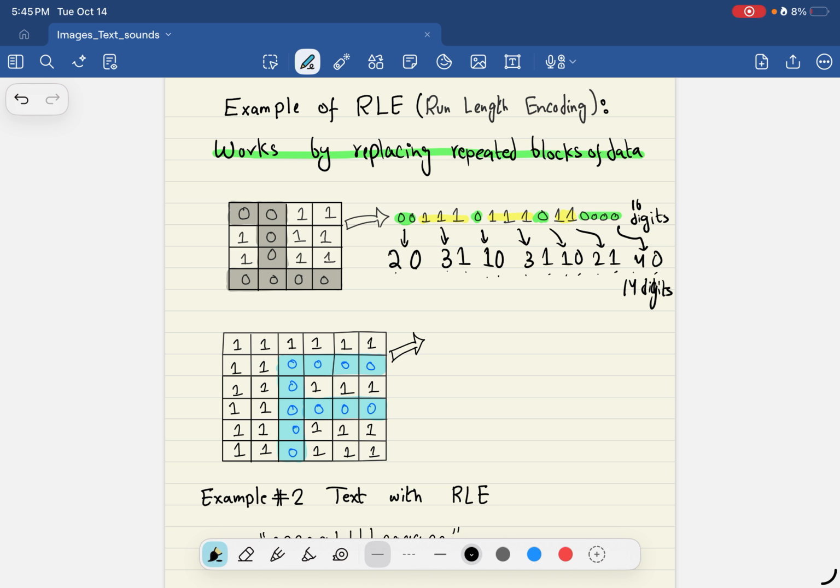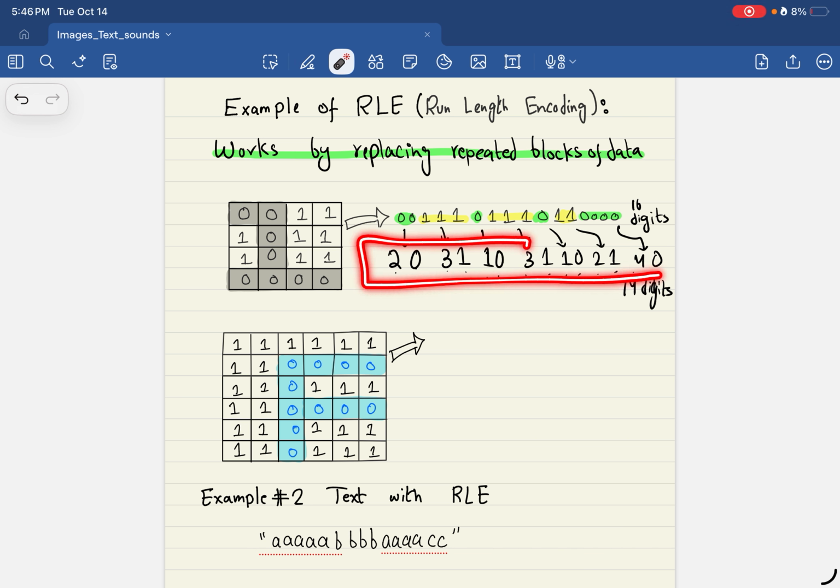Because you know how many repetitions there are, and these repetitions are in order, you can take this entire block of data and use that to construct the original bits.